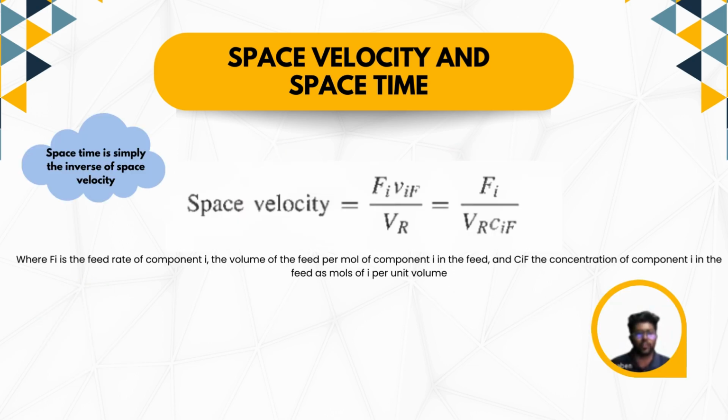This is the equation for space velocity. Space velocity is equal to Fi multiplied with Vif over VR, which is equal to Fi over VR multiplied with Cif, where Fi is the feed rate of component i, Vif the volume of the feed per mole of component i in the feed, and Cif the concentration of component i in the feed as mole of i per unit volume. Therefore, space-time is the inverse of space velocity.